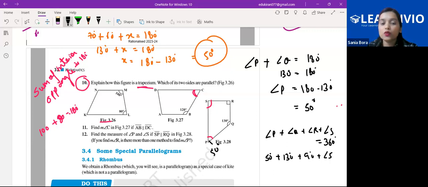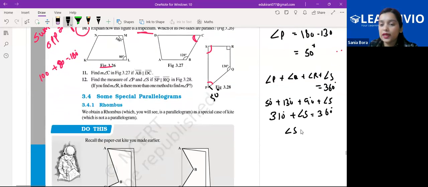When you add them up, you get 310, plus angle S equals 360. So angle S equals 360 degrees minus 310. What did you get? 50 degrees.